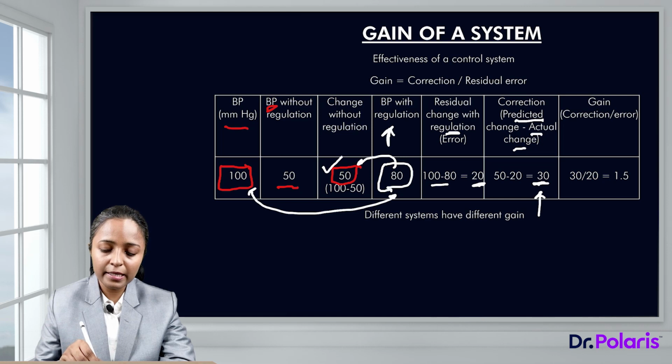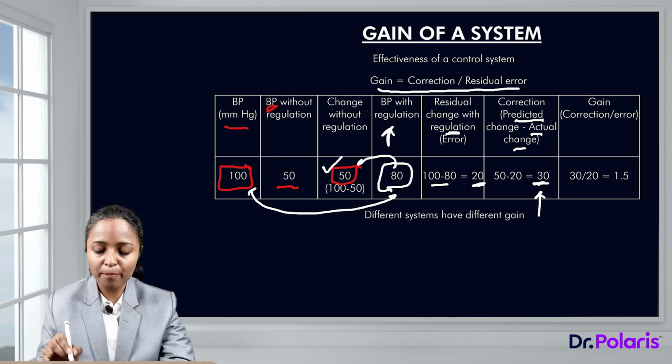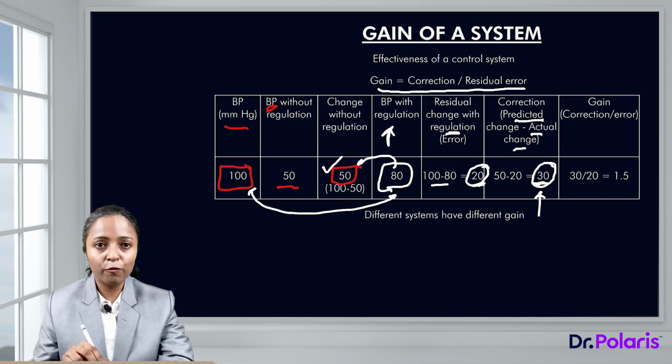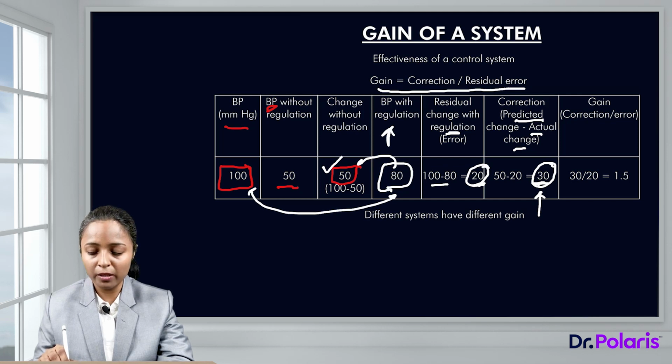Now, gain is defined as correction upon residual error. So it has corrected 30 millimeter mercury, right? That is the correction, that is predicted change minus actual change. It has corrected 30 millimeter mercury, and still the error is 20 millimeter mercury, right? So what could have been 50, now it is 80. So that is a correction of 30 millimeter mercury, but there is still an error from the baseline.